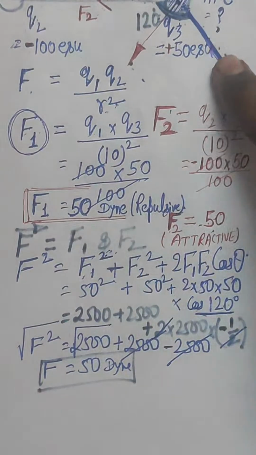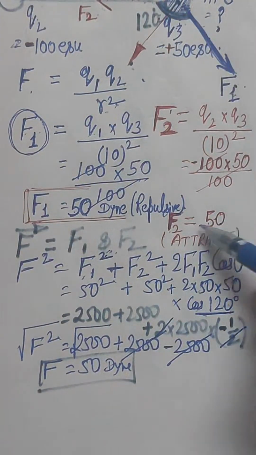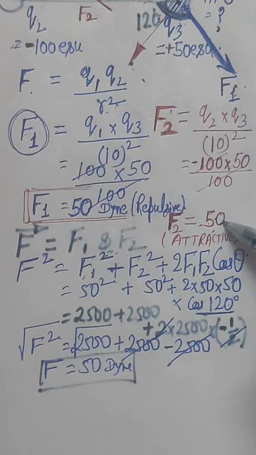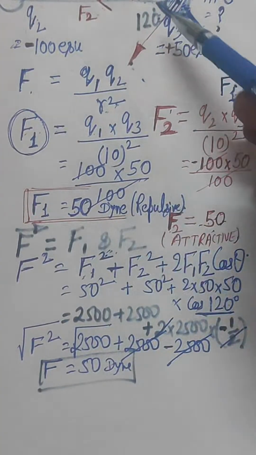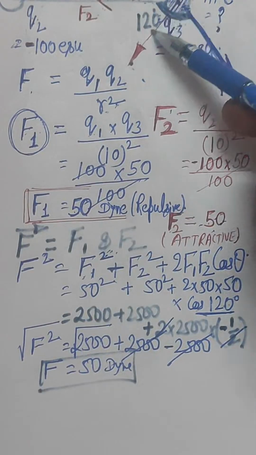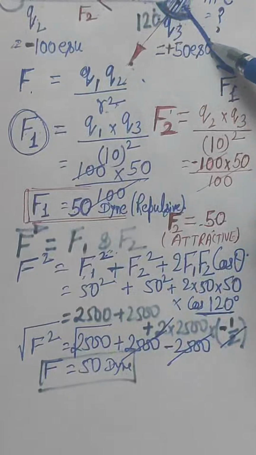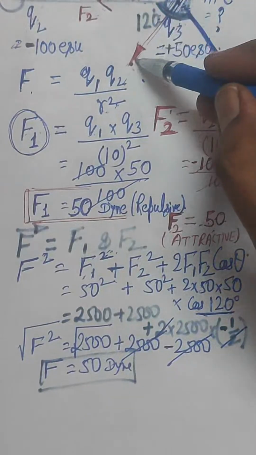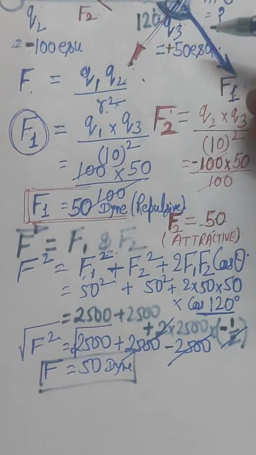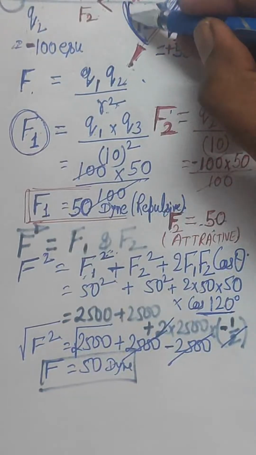Since F1 and F2 are equal in magnitude, you can see here 50 and 50, therefore the resultant will be acting along the angle bisector, because they are equal in magnitude. So the resultant force will be acting in between this 120 degree, basically at the angle bisector.